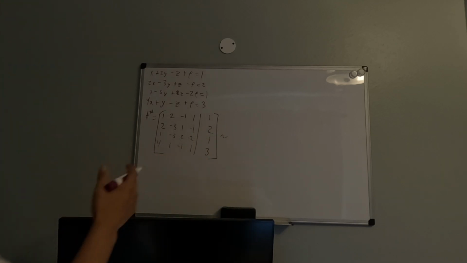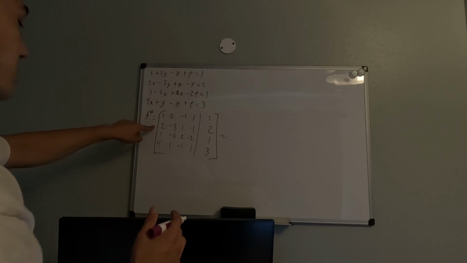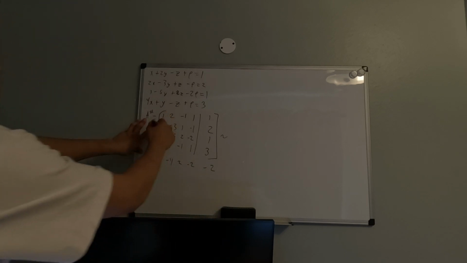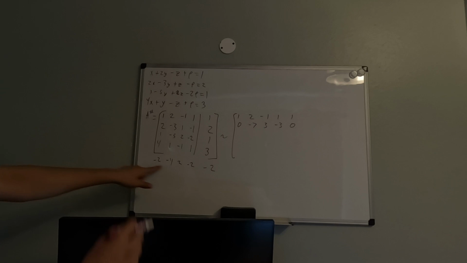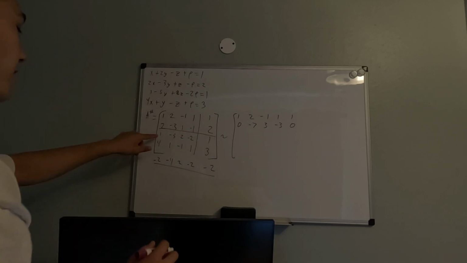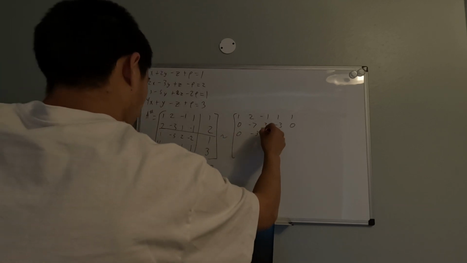But here, we're going to do row operations. And we got a nice pivot right here, so we're going to leave that. So we're going to multiply by 2, added to this one, we get 0. If I add this and that together. Now, if you add this with this as well, then you get 0.